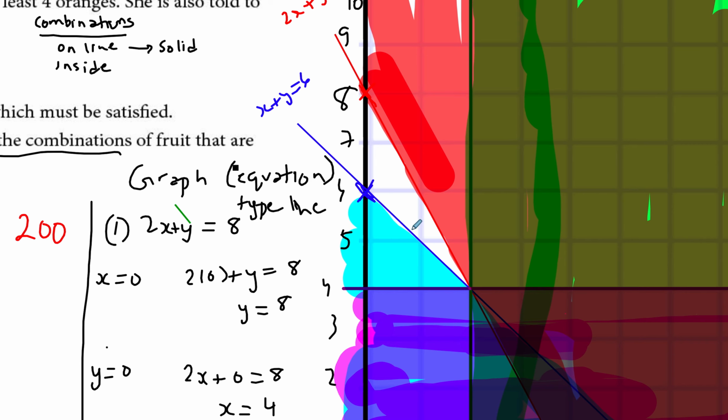So for example, if I need to pick this solution and it's a dotted line, I'm not allowed to pick it. So I'm just going to ignore it. You're also going to focus on integer solutions.